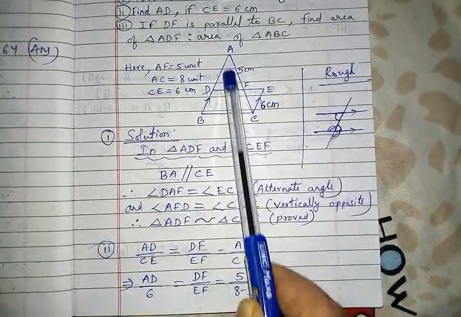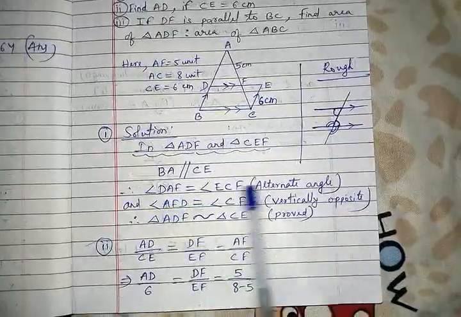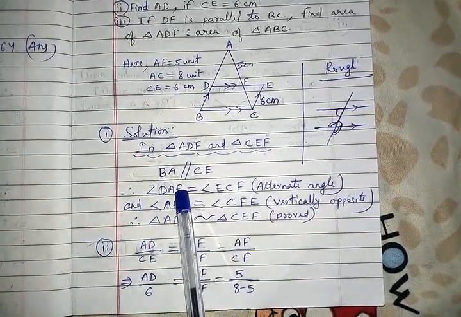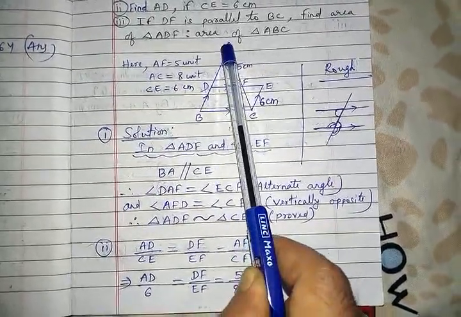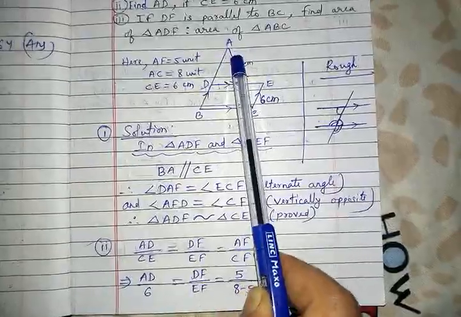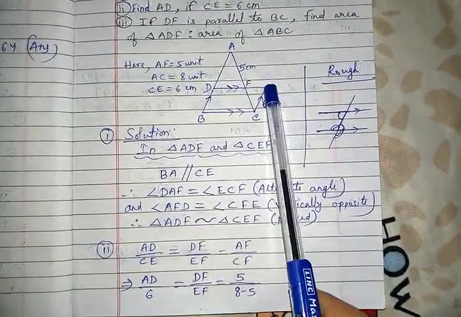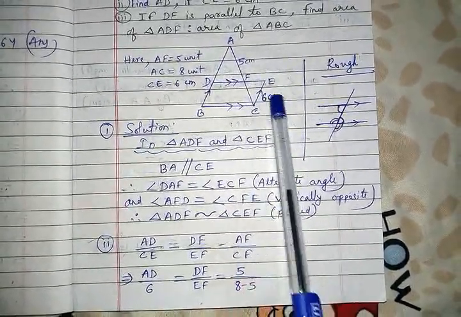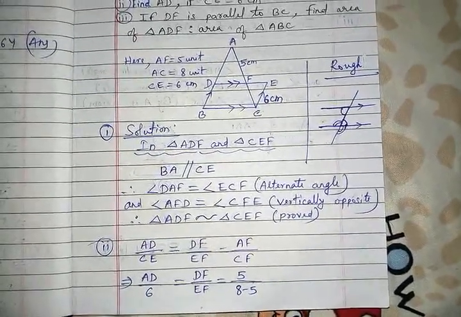Now if these two are parallel, then one pair is alternate angles, and the angle is angle DAF equal to angle ECF. DAF means angle A, and ECF means angle C. That means this angle A is alternate to angle C. Now you might be saying, sir, how?